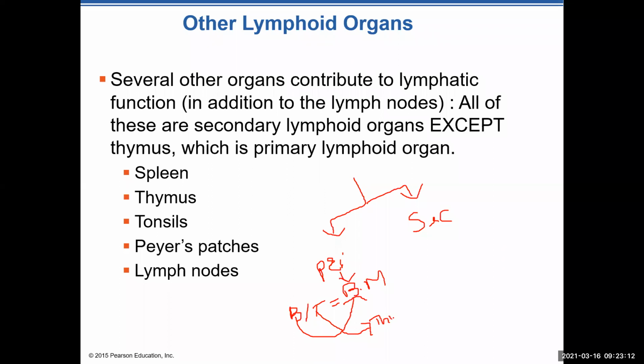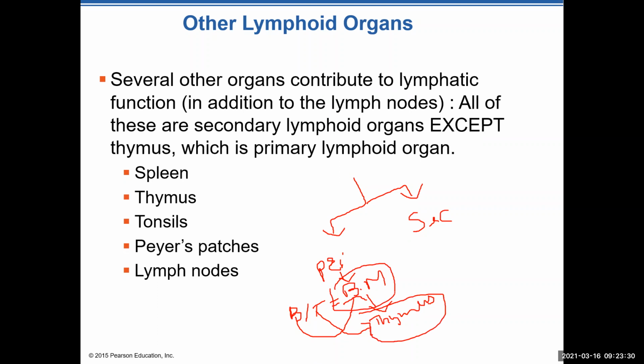We discussed that in chapter number 9. So the thymus is also a primary lymphoid organ. We have only two primary lymphoid organs: one is the bone marrow, another is the thymus.